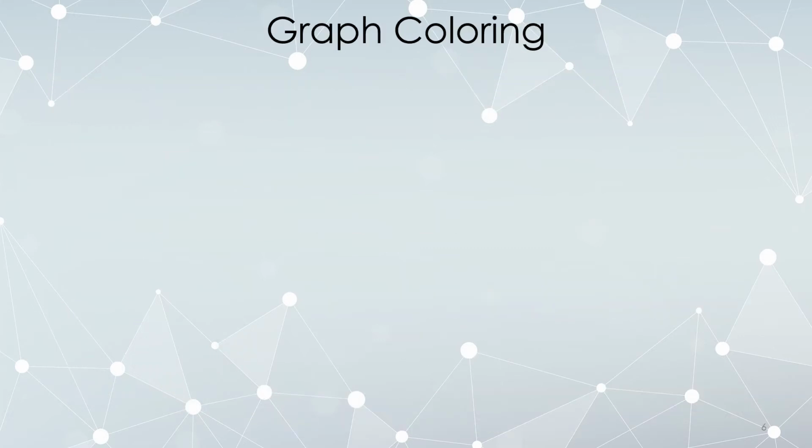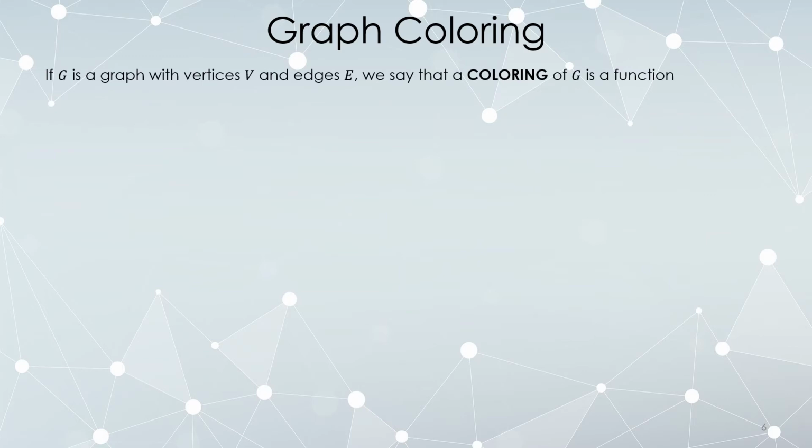Well, since we've talked about drawing graphs, maybe we can talk about coloring them. If we have a graph with vertex set V and edge set E, a coloring of the graph, unfortunately, is not pulling out your markers and coloring them, although I will say that is a way to discuss it. We'll see very shortly.